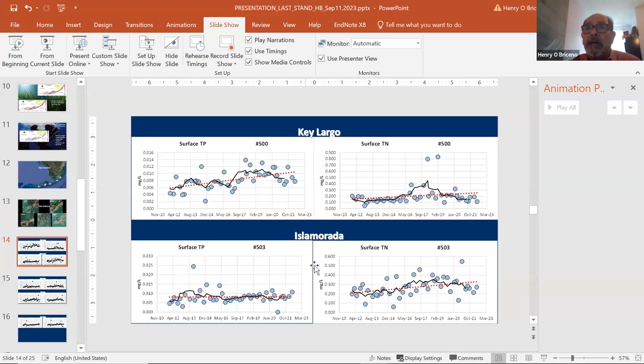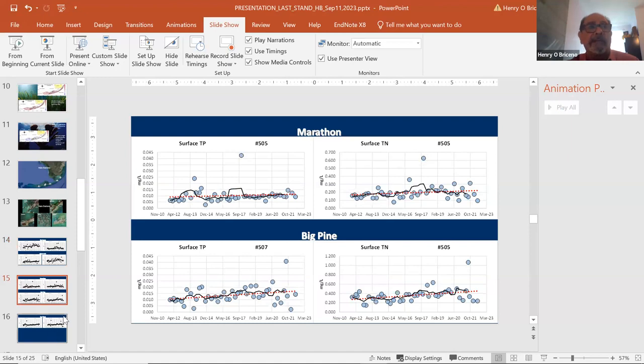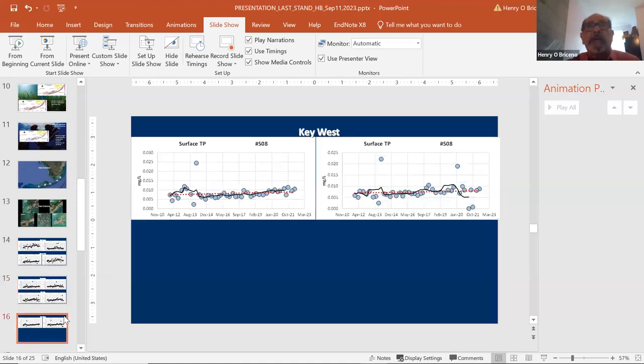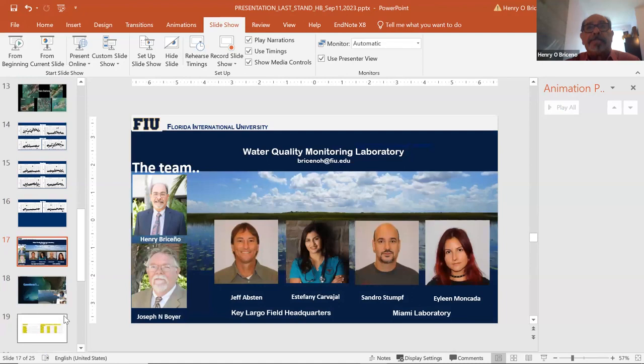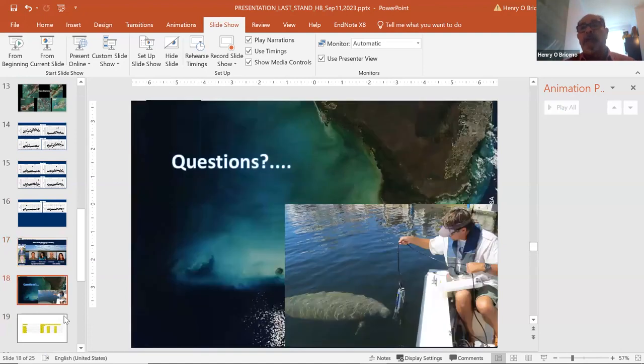So that's an urban contribution to water quality, a bad one, in fact. And that's what I have as a very brief summary of all this. If you have any questions, I'd be glad to answer them.